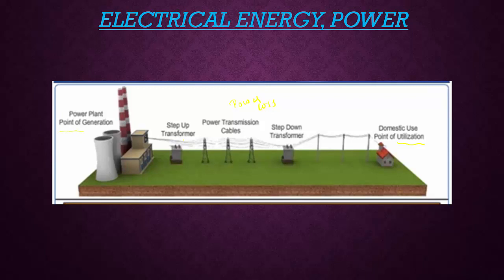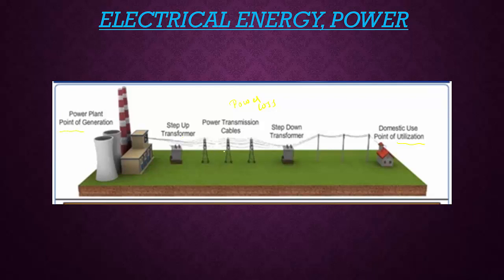A step-up transformer is used to increase the voltage. Low voltage is converted into high voltage. A step-down transformer is used to convert high voltage into low voltage. To reduce power loss, these transmission cables carry current at a very high value of voltage. Using a step-up transformer, we increase the voltage so that power loss will be reduced.